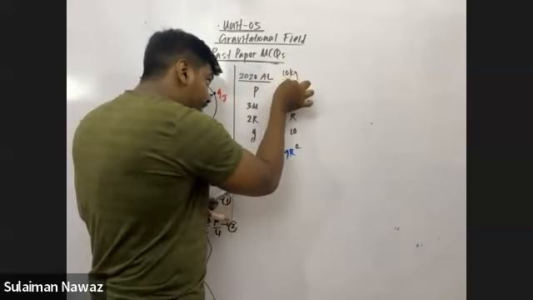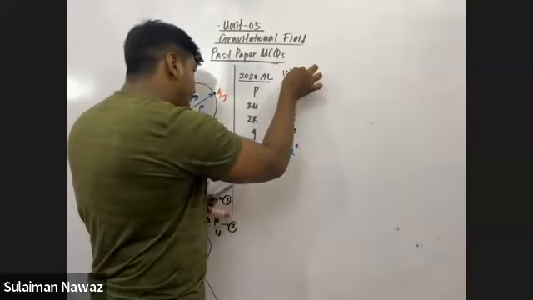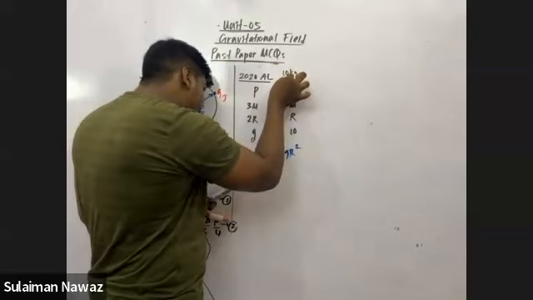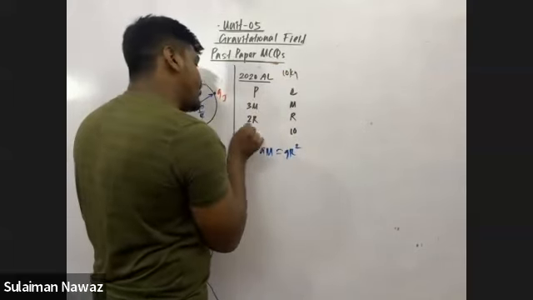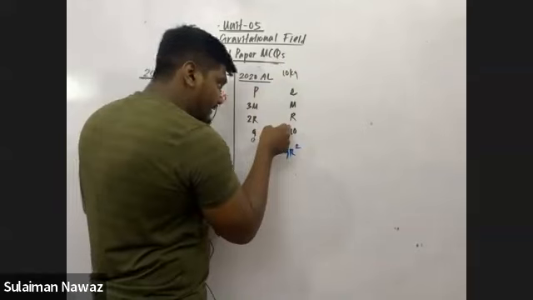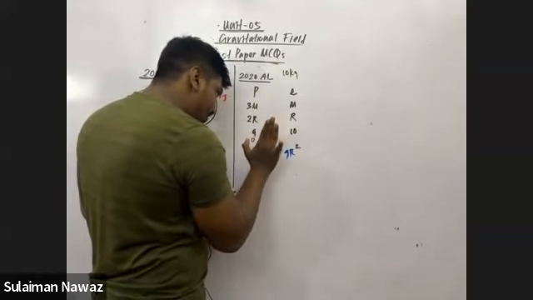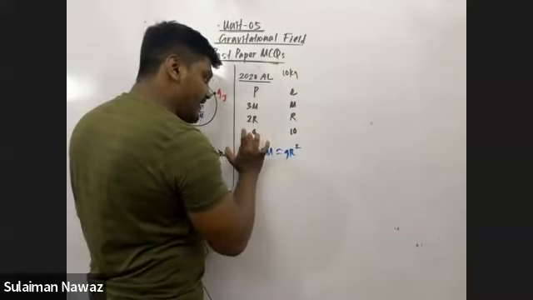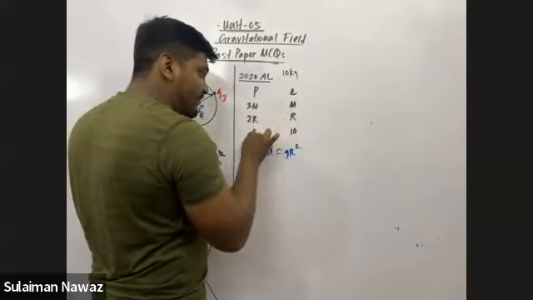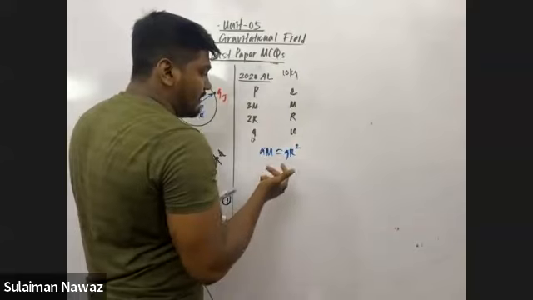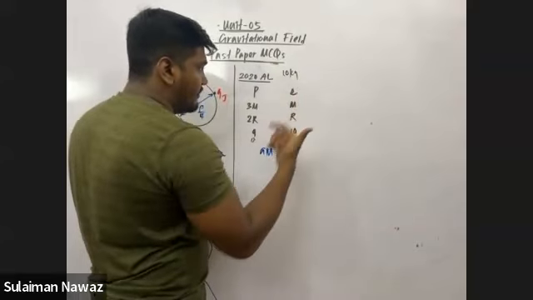On the Earth, gravitational acceleration is 10, but I don't know it on the planet. The target is finding this g. If I find this g, 10 into g, problem solved. That's the answer.